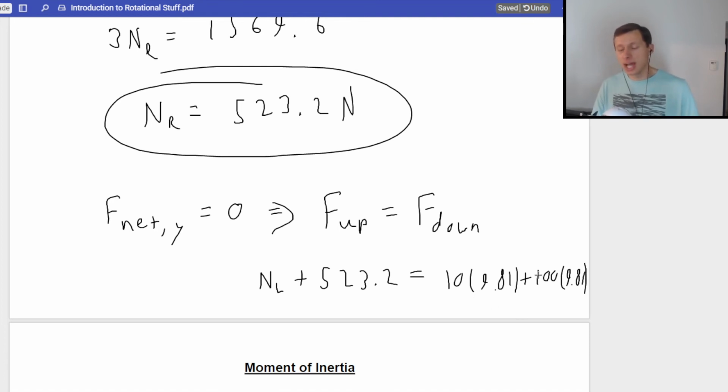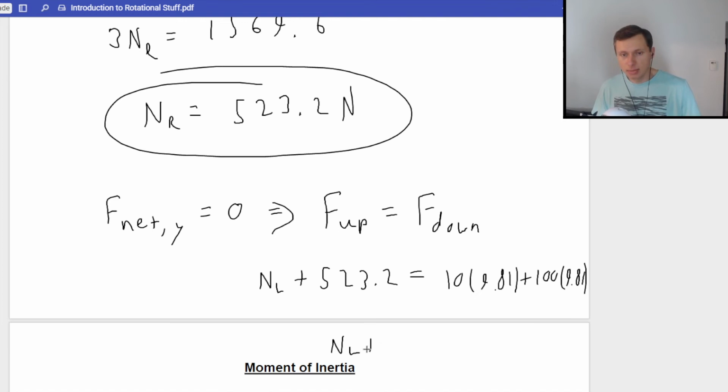Notice with forces, I didn't have to factor in the radius, the distance at all. It doesn't matter for forces, which is pretty cool. And once again, I just need to solve the algebra here. So the right side, 10 times 9.81 plus 100 times 9.81. It is going to be a different number than before because I'm not factoring in the distance.